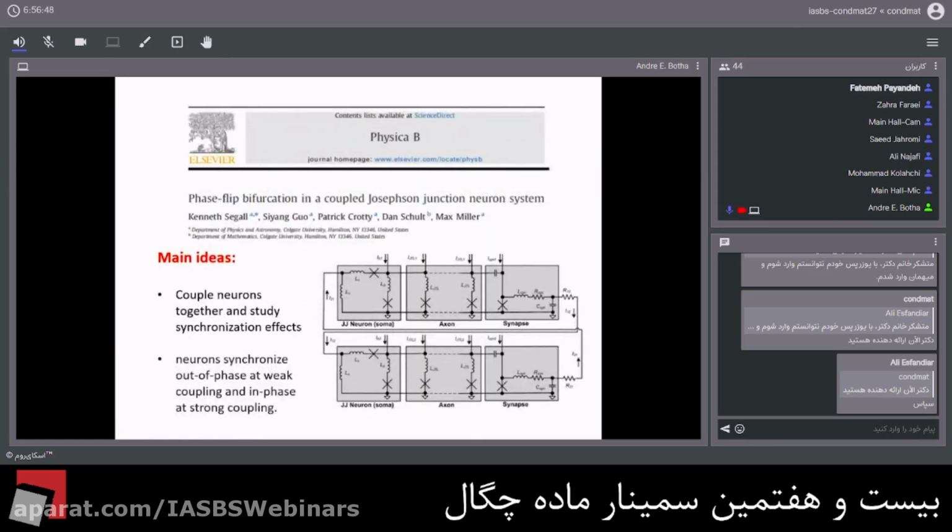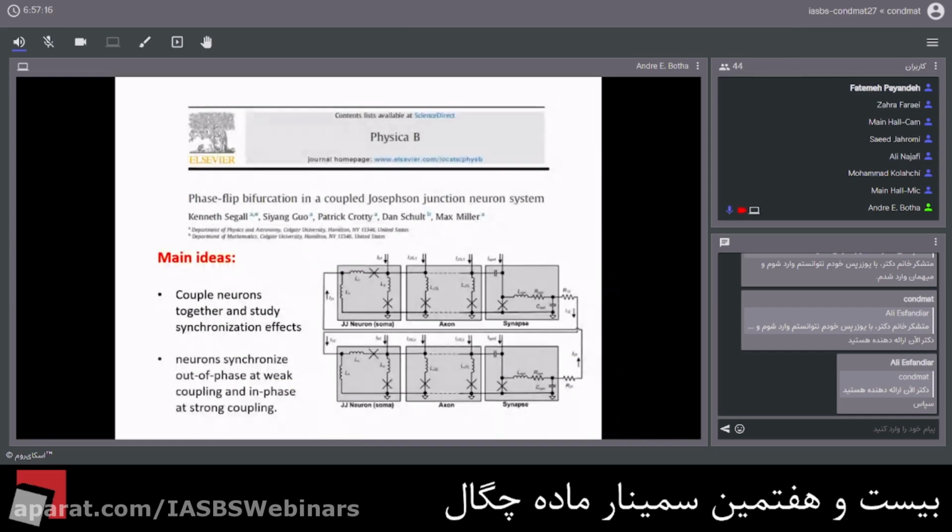And then later, in a follow-up paper, they investigated what would happen if one coupled more neurons together. So the same group followed up with this paper in 2014, where they studied the synchronization effects between neurons that were coupled together.